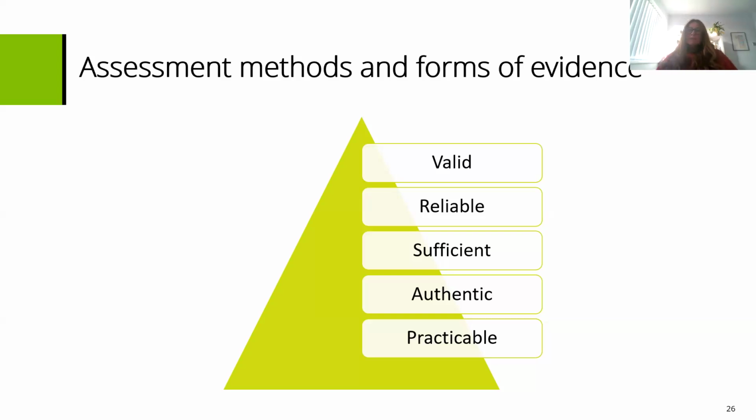It's met all the assessment requirements, that it's authentic, no evidence of plagiarism or collusion or AI, that it's reliable, producing consistent, reliable evidence, and that it's practicable, that it's achievable for the students to produce.